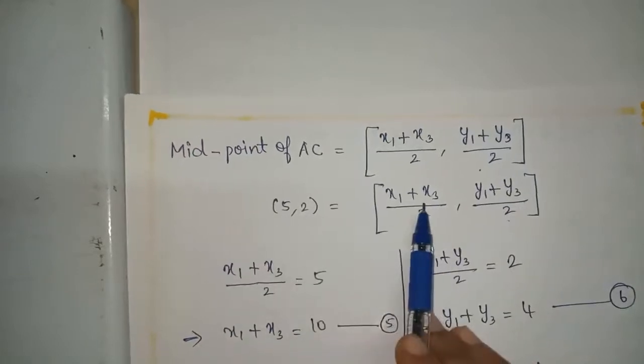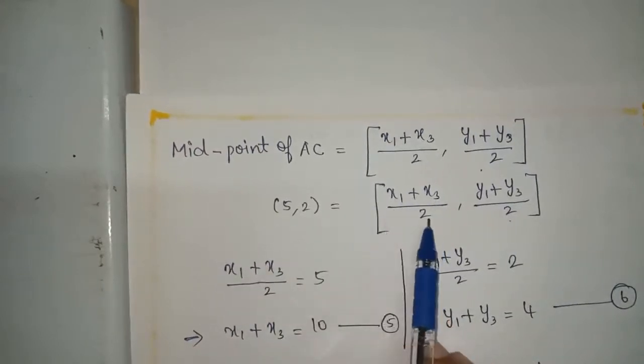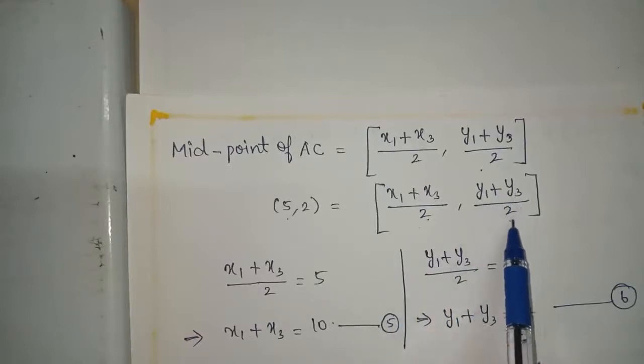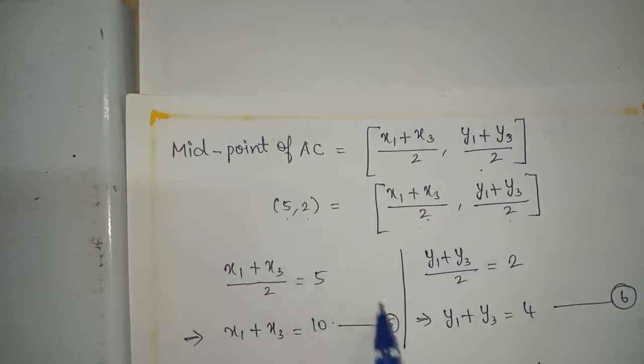Then equate the x and y coordinates. (x1 plus x3)/2 is equal to 5. Then cross multiplication, you get x1 plus x3 is equal to 10, which is equation number 5. Similarly, (y1 plus y3)/2 is equal to 2. If you cross multiply, you get y1 plus y3 is equal to 4. This is equation number 6.